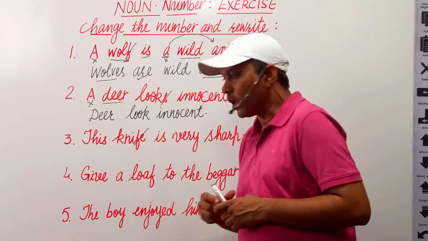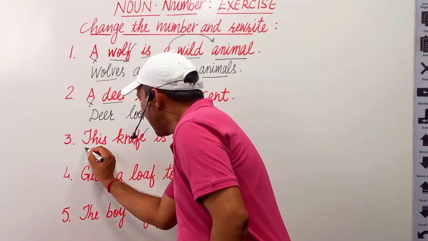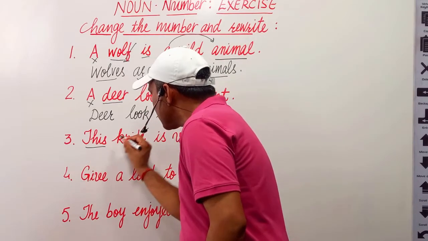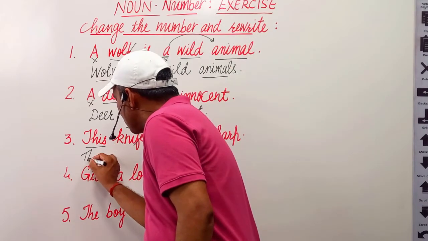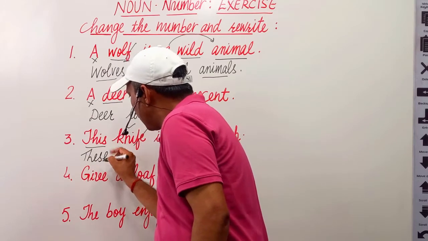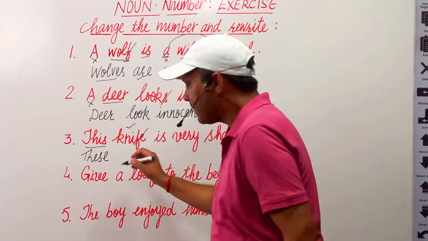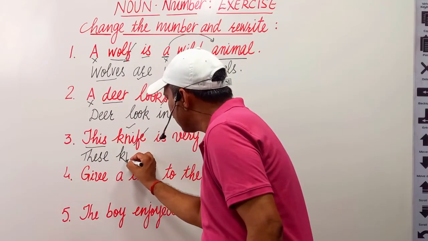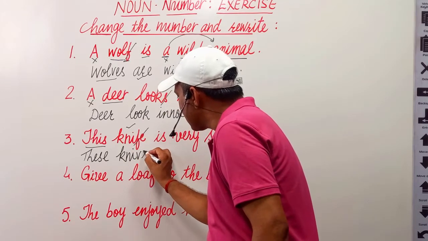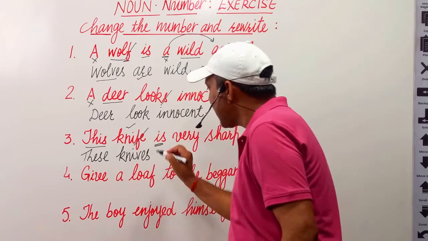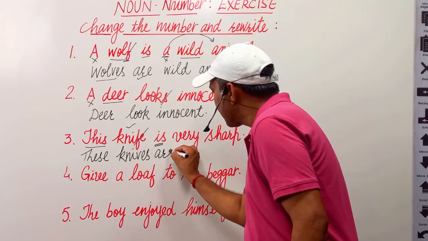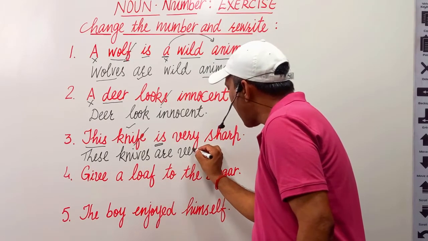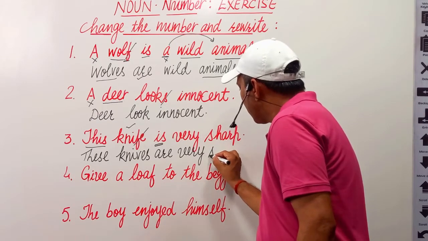Now this is used for the singular knife, and this will change into these. Make the plural of this as well. These knives, add VES, these knives. Now we have to change this verb also. These knives are very sharp.